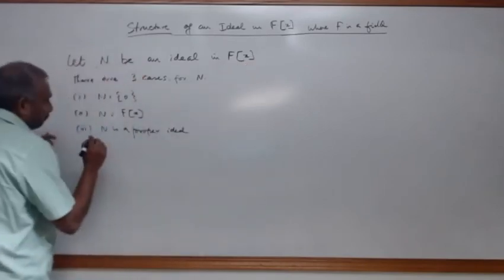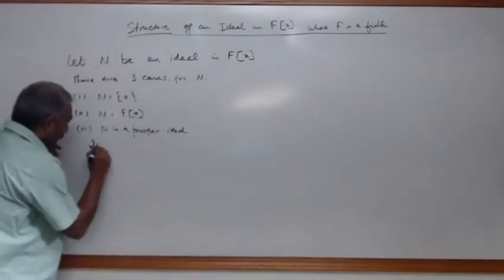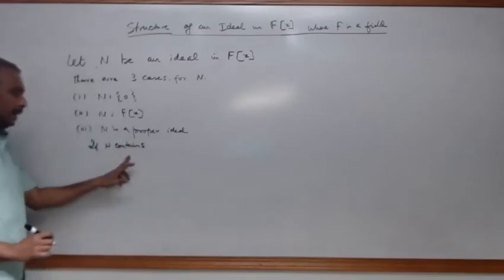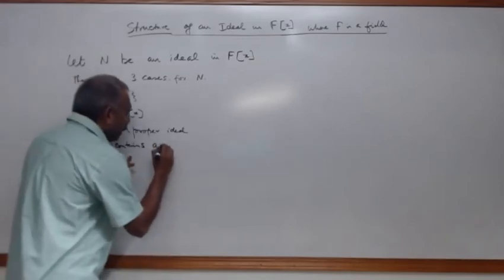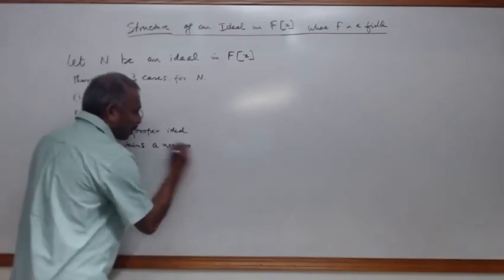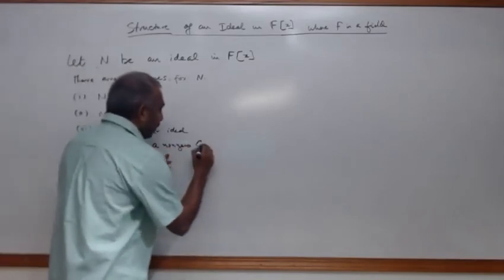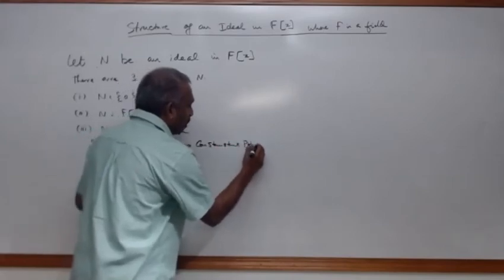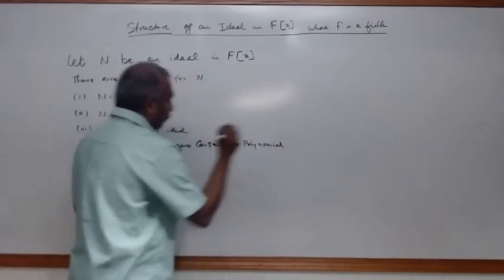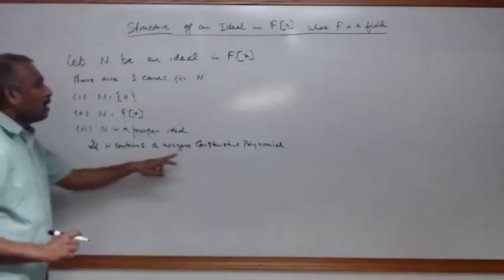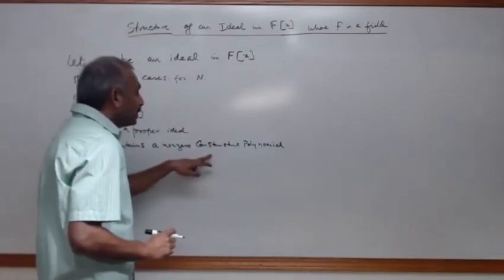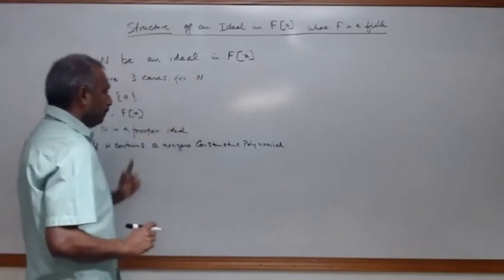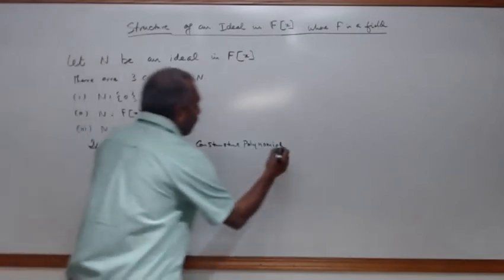But if N contains a non-zero constant polynomial, non-zero constant polynomials means the non-zero elements from F. Then what happens?